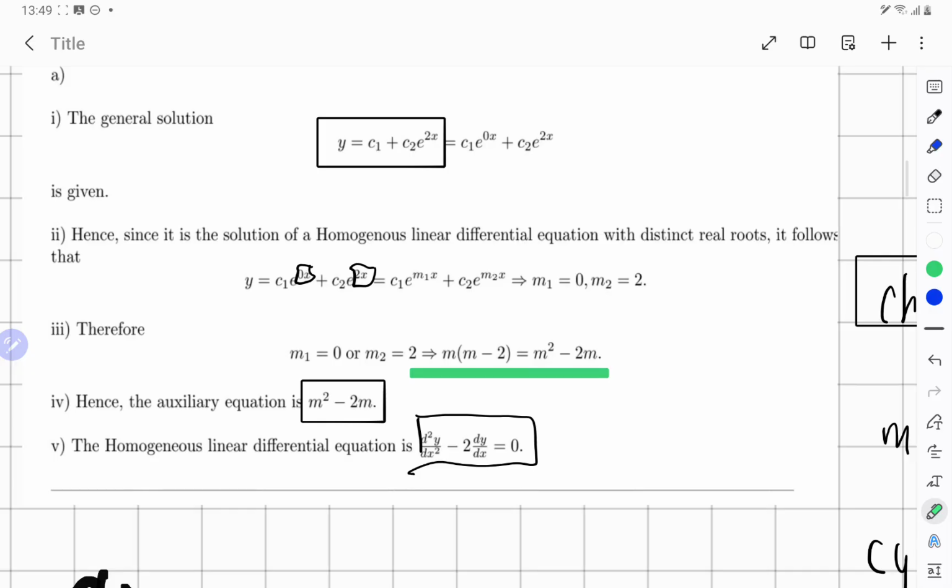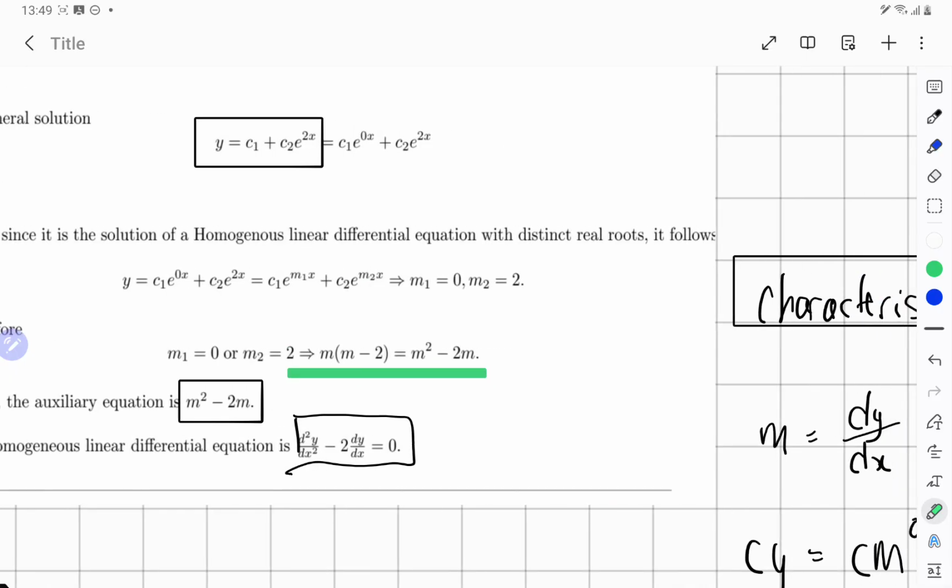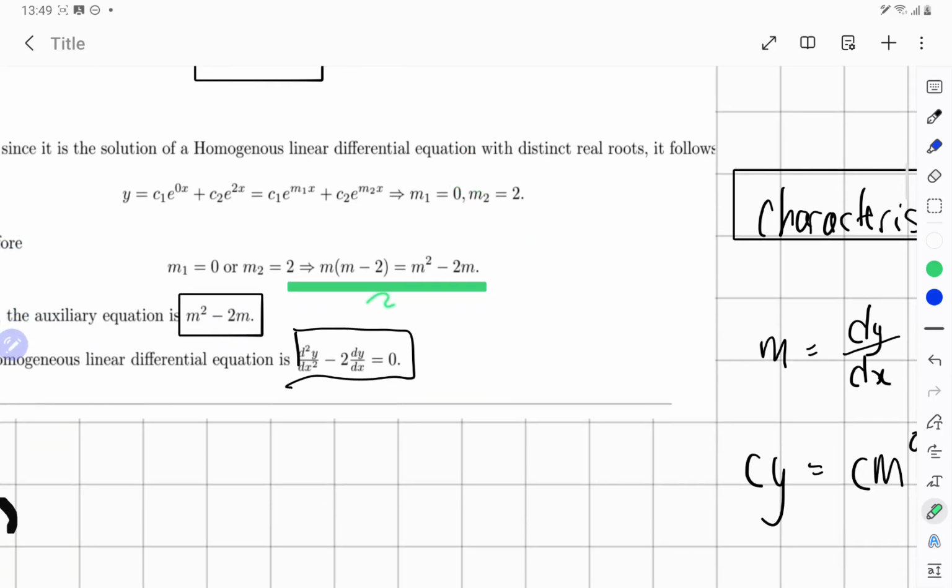So from our previous videos, we know now that since we have our general solution in this form, it means that we are going to get two distinct real solutions, because M1 and M2 are distinct real values. So what do we know from there now?